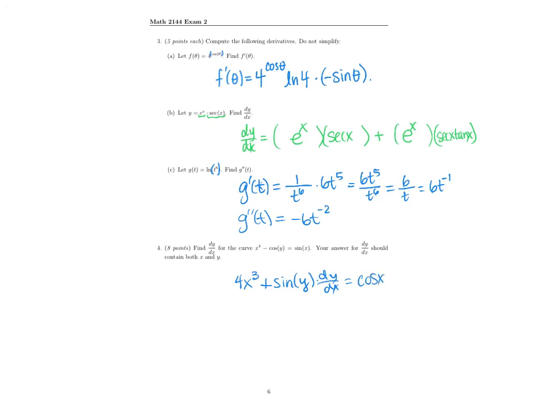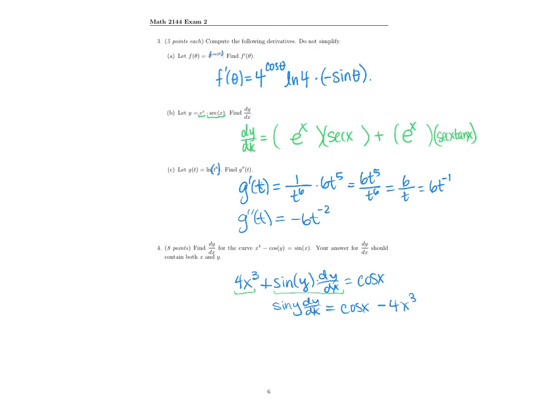So there's that. And now I want to solve for this dy/dx. So what I notice is that the dy/dx is multiplied in this term, but not in that term. So I'm going to subtract the 4x cubed from both sides. So I'll leave the sine y dy/dx, and I'll subtract the term 4x cubed to the other side. So cosine x minus 4x cubed.